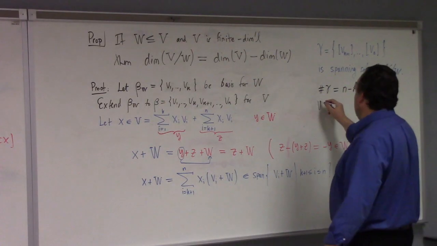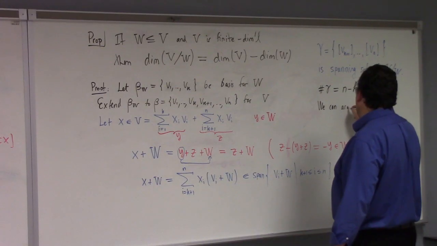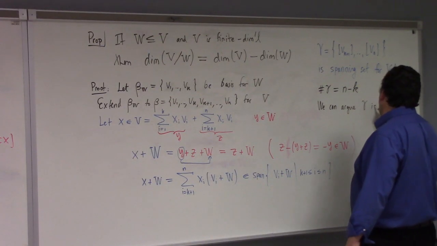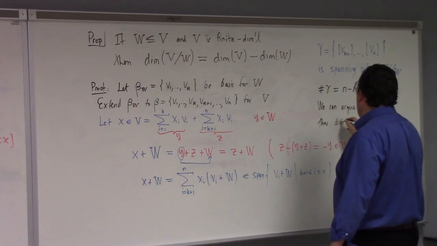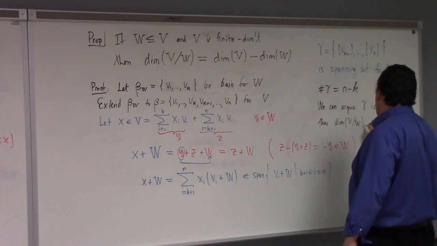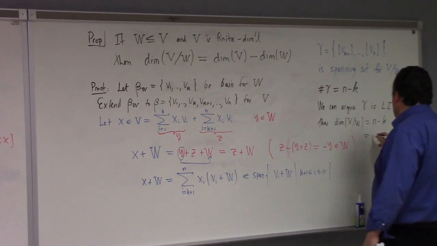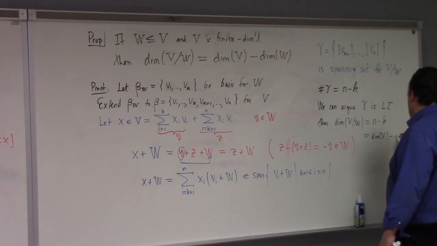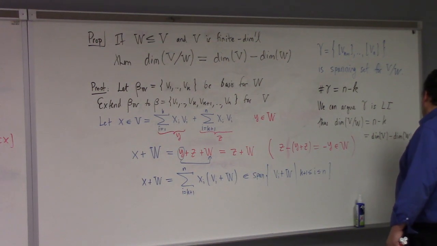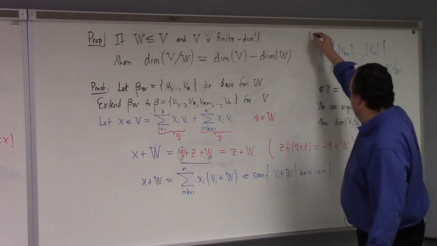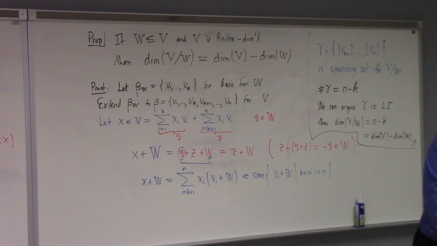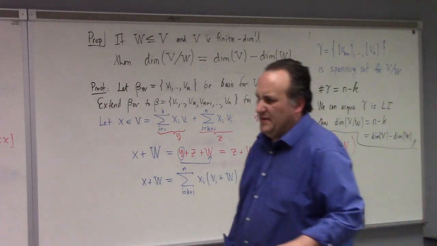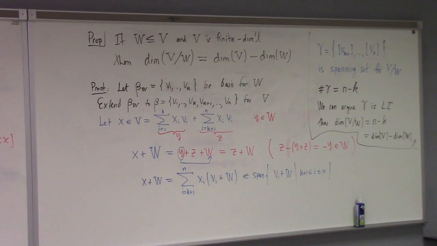So we can argue that gamma is linearly independent, thus the dimension of V by W is equal to n minus k, which by the way is the dimension of V minus the dimension of W. Sorry, I shortchanged you guys on the details of that, but you'll forgive me. They're in the notes. Okay? I should have made that a homework problem, like prove the linear independence of the basis there.